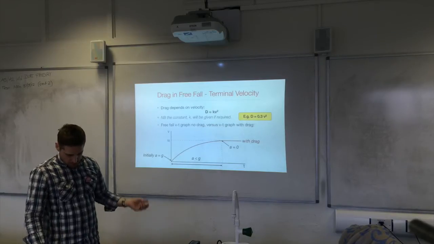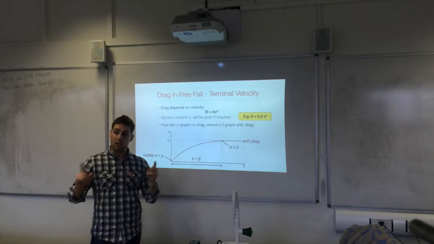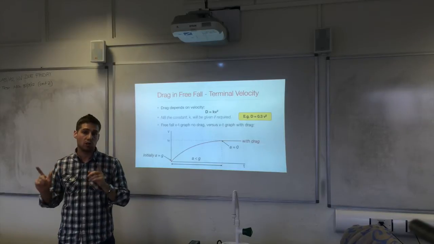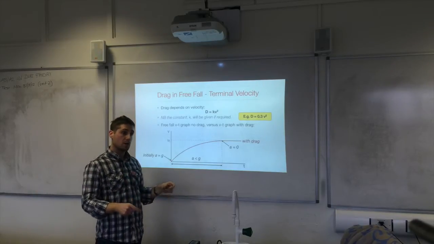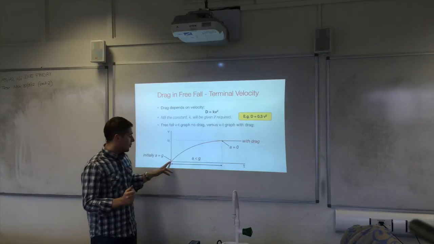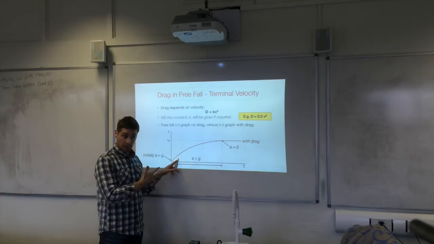If you think about the energy conversions that are taking place, ordinarily with no drag, you have a pure GPE to kinetic energy conversion. But when you have drag, some of your GPE is being converted into kinetic energy, so you're gaining velocity.